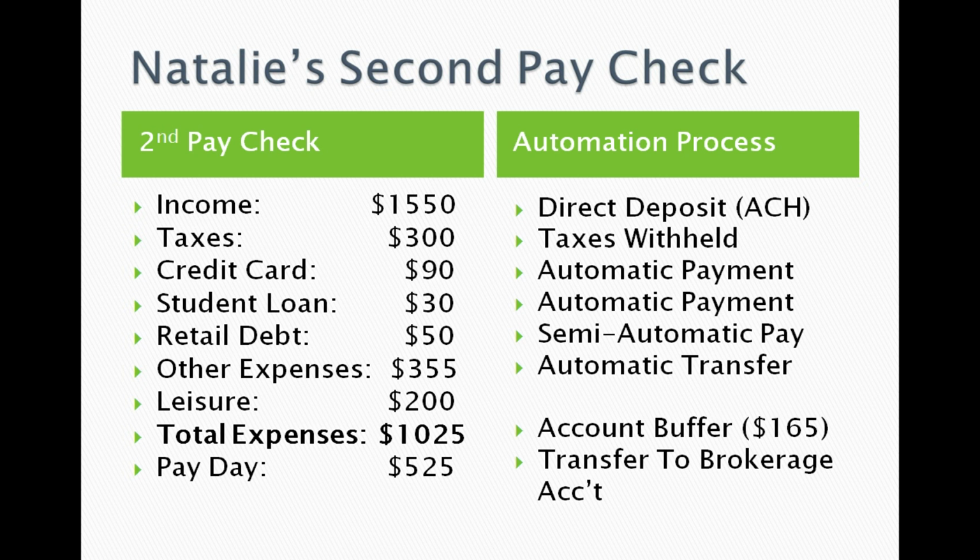In this one, we can assume that her entire account buffer is gone, in which case we're going to use $165 of that and use that as an account buffer. And for the rest, we're going to put that into a brokerage account. The reason why I say a brokerage account and not a regular savings account is that a regular savings account is right next to your checking account, attached to it.